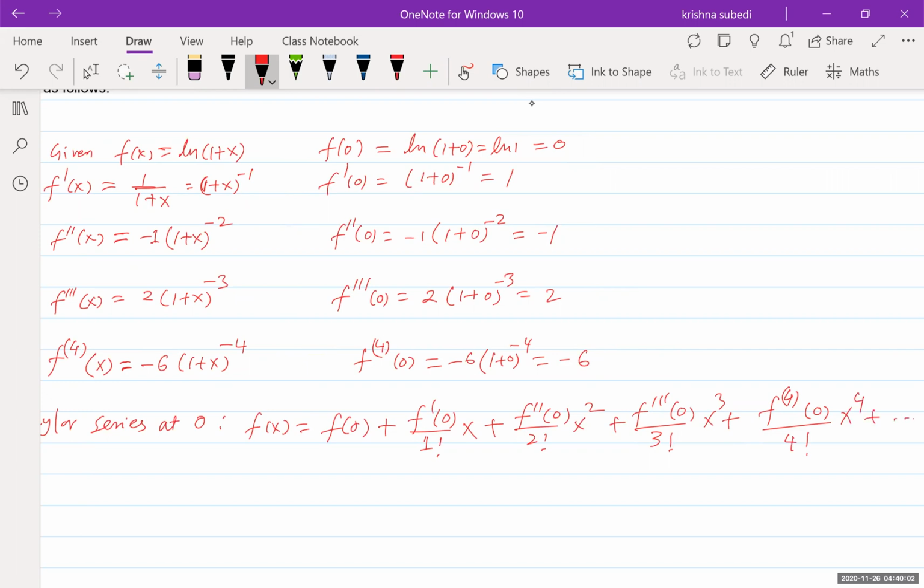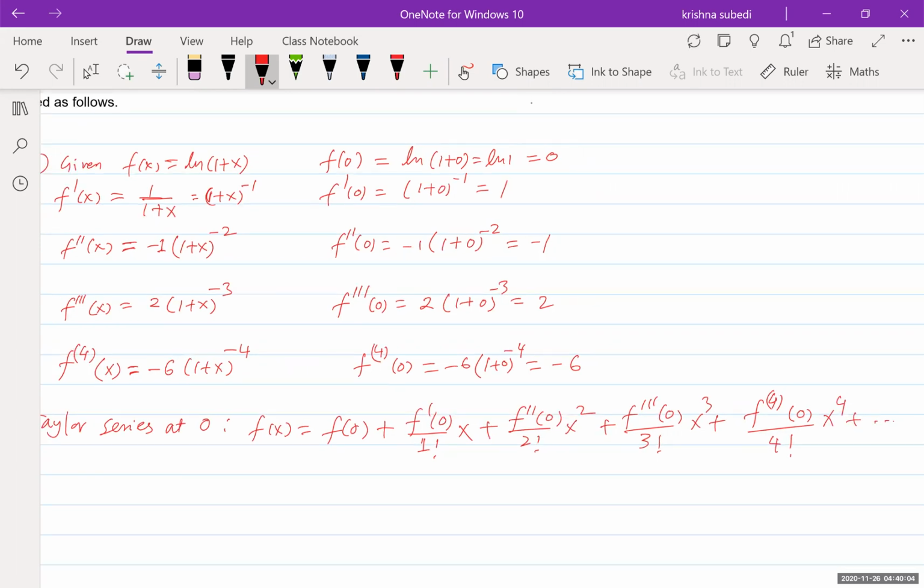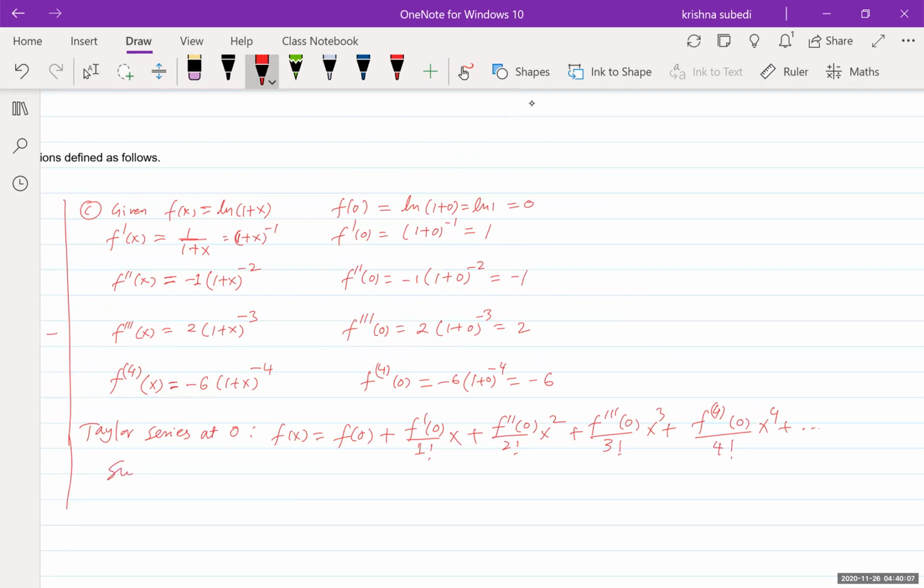It goes like that. Now substitute the values.